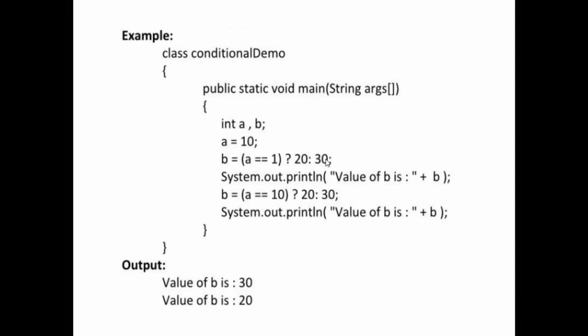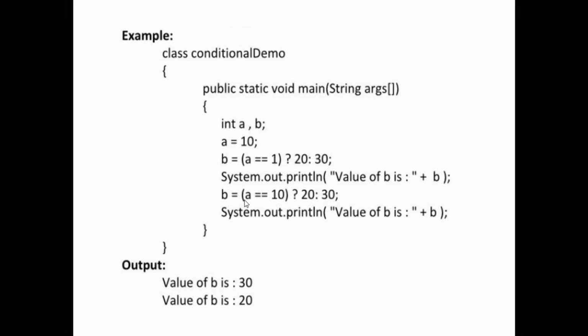If my condition is false, then 30 is the answer. My condition is false here, so my answer is 30 and that will be stored into the variable b. Now System.out.println, the value of b is, and the answer is b, that will be 30.